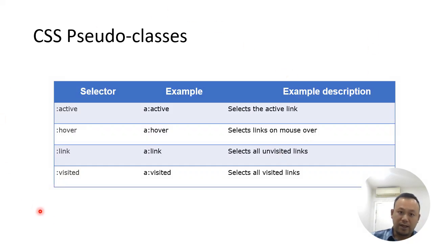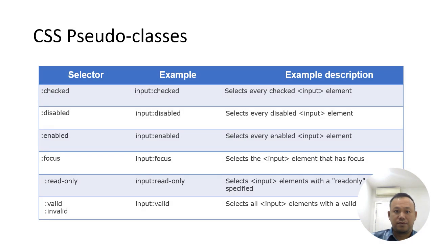We also have many pseudo-classes. We have checked, we have visible, we have focus, read-only, valid.